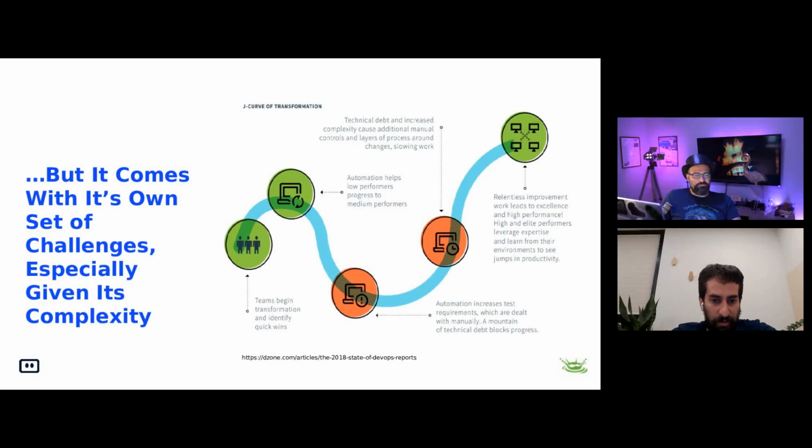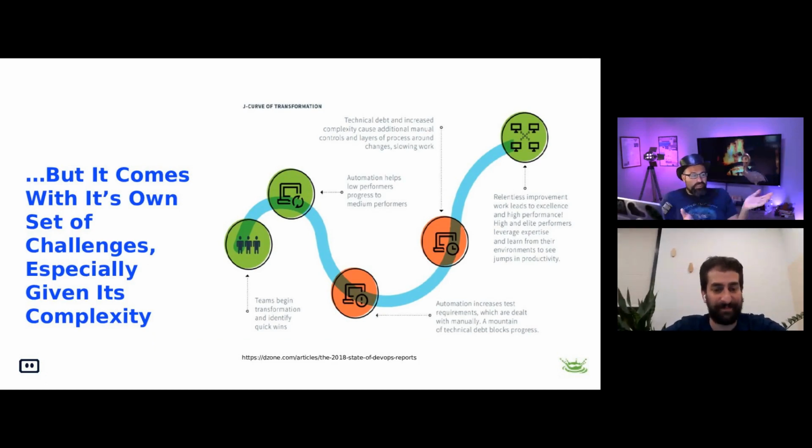Baruch, do you want to continue from here, or do you want me to? No, I mean, so far you're on point. This is one of the diagrams from the State of DevOps report that we really love. And obviously, this J-curve is what most of us experience, right? When we start the automation, we get this little dive because we increase the test automation, we do more stuff with the machine, and things fall through the cracks just because it's not something that we're used to.